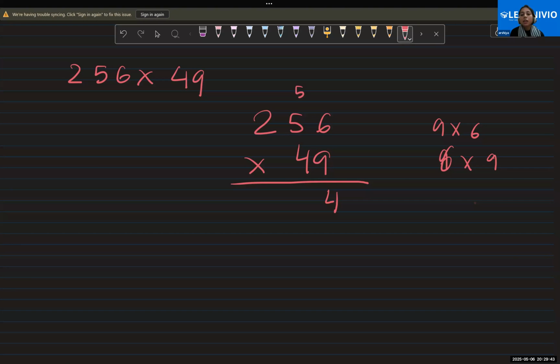Now how much is 5 times 9? It will be 45, right? Yes, correct. Plus 5, 45 and the balance was 5. So how much will the total be? 50. Yes, so I'll write 0 here and again the balance will be 5.